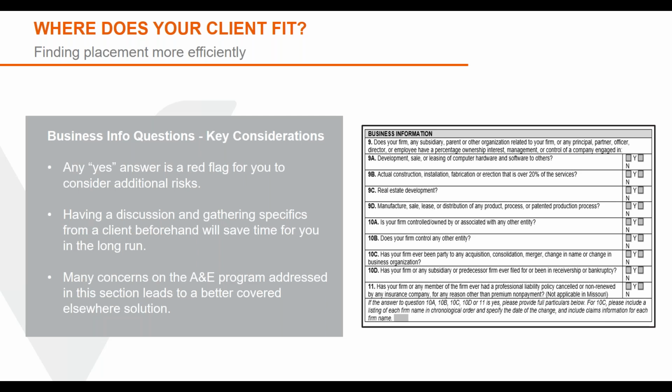So as you can see, there are questions around actual construction, installation, development or sale of computer hardware or software, subsidiary issues of whether or not you are owned by somebody else, somewhat on the acquisition, firm control, et cetera.